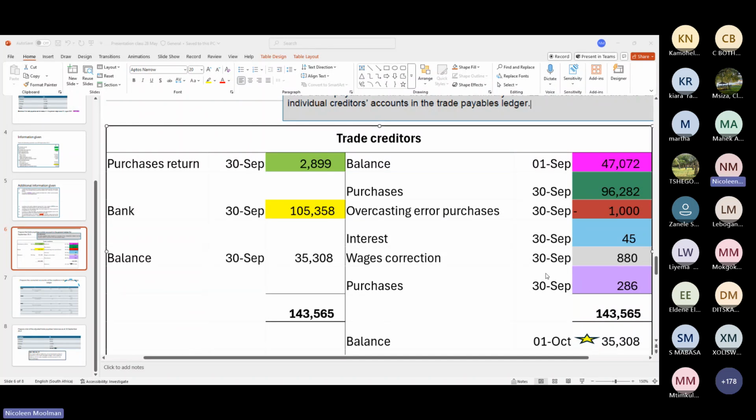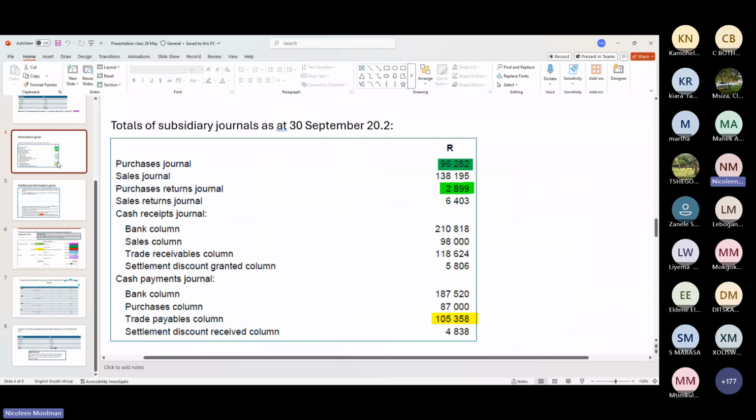I'll try again to explain the wages, the 880. So again, in the information given, in the cash payments trade payables column, they gave us that we paid our creditors 105,358.